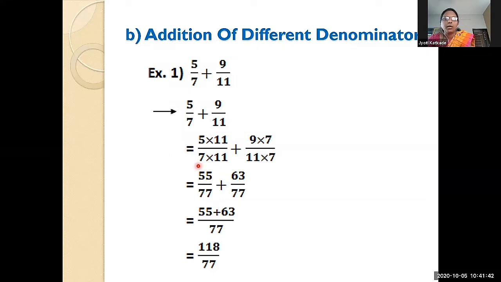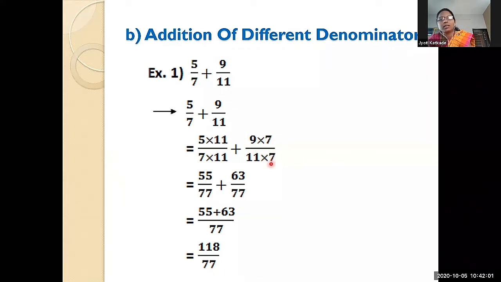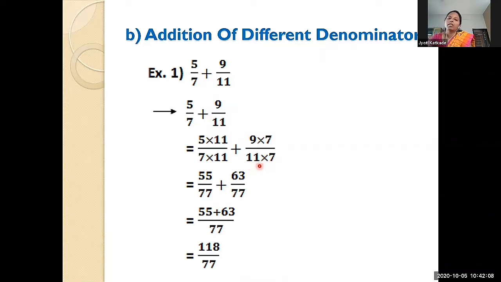What can we do for this? Multiply 5 divided by 7 by 11. 5 into 11 divided by 7 into 11, plus multiply 9 upon 11 by 7 to make the denominator 77. 9 into 7 divided by 11 into 7.